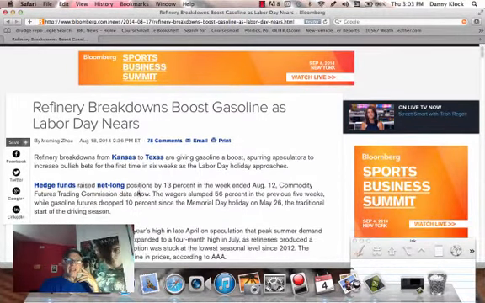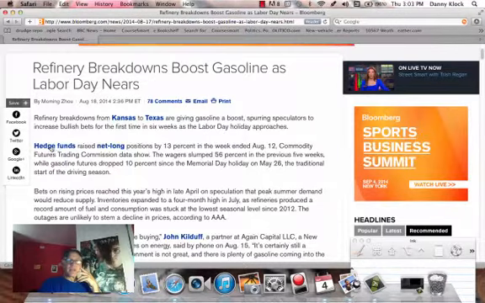Because it's a breakdown, the quantity of gas available goes down and the price will go up. And if you were a smart person, this article talks about hedge funds. A hedge fund is basically where, if you're someone rich or you're a pension fund or a large organization like a college, and you've got some money and you want somebody to work with your money, you give it to these hedge funds, and they'll make bets.